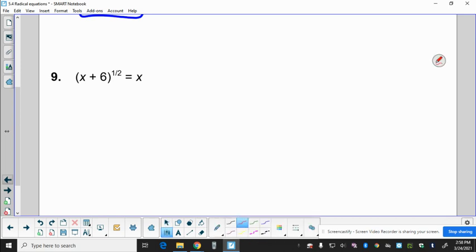What would you do here? Square both sides, right? Cancel those out. Okay, turn this into a quadratic equation by moving both these terms over here.